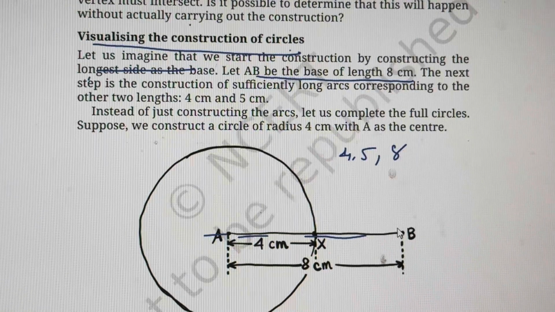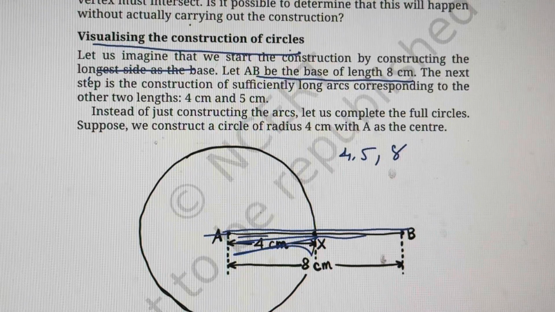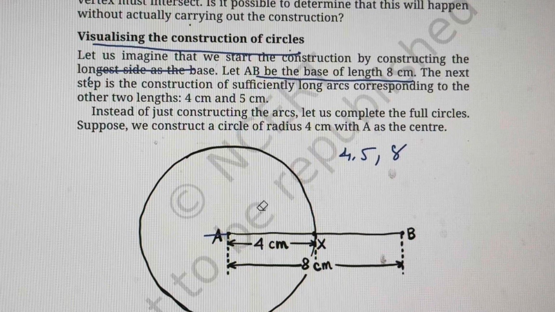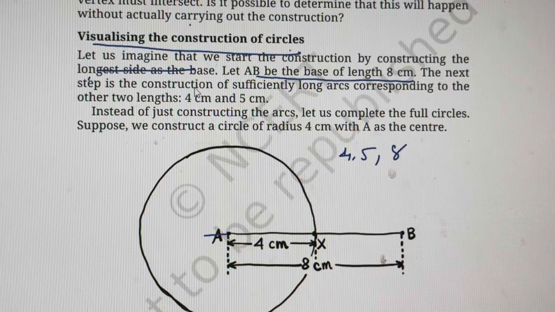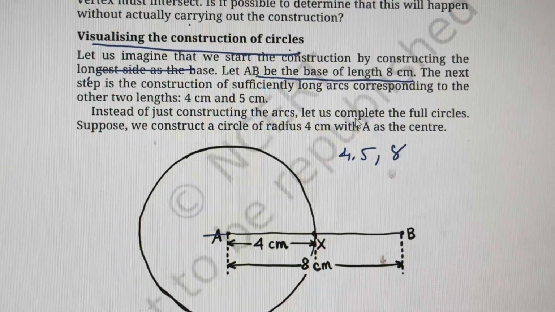So this is the line AB, which is 8 centimeter long from here to here. Now, the next step is the construction of a sufficiently long arc corresponding to the other two lengths, 4 and 5.